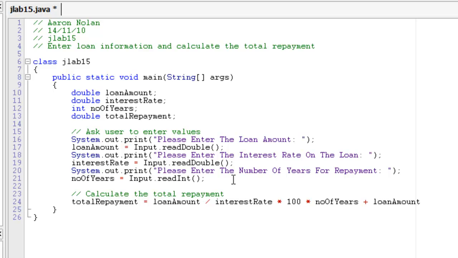Now, as we saw in I think the very first or second JLab, you have to do the order of operations, which I explained was BODMAS, even though it's called BOMDAS, but whatever. So the very first thing we need to do is the loanAmount divided by the interest rate. Just work these bit by bit so you'll find out which way to work it, and then you need to do all of that by this.